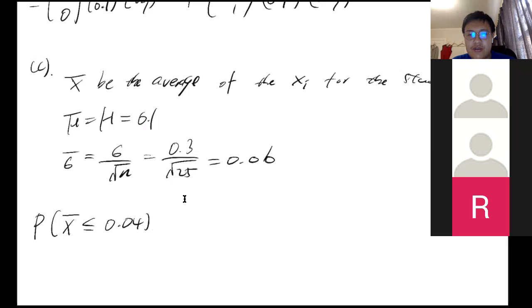So we can use CLT to find the z-scores. The z-score is defined to be X bar minus mu bar divided by sigma bar.